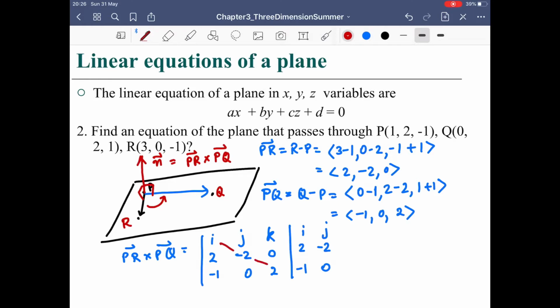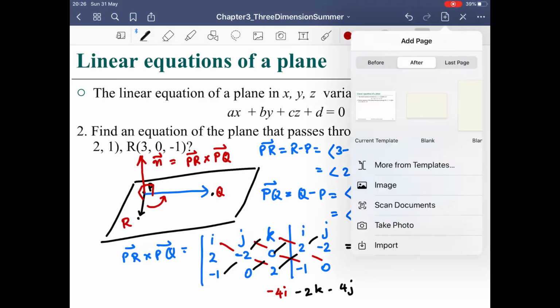So this one you got -4i, this one you got 0, and this one you also got 0. If you do it upward, you got 2k, but since you do it upward, actually you have -2k, and 0 for the i, and another 4j, which is -4j. So actually you have -4, -4, -2.